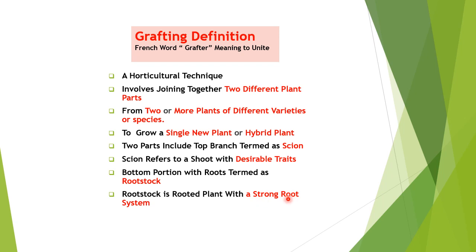By this horticultural technique, you are joining two plants together, of two different varieties or species, so that you get a single new plant, which will be named a hybrid plant. So the two parts which we join here are called the scion and the rootstock, which is also called the stock.